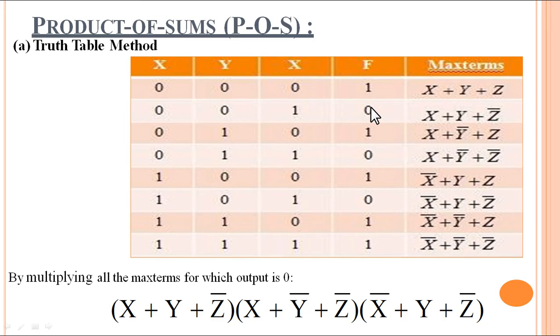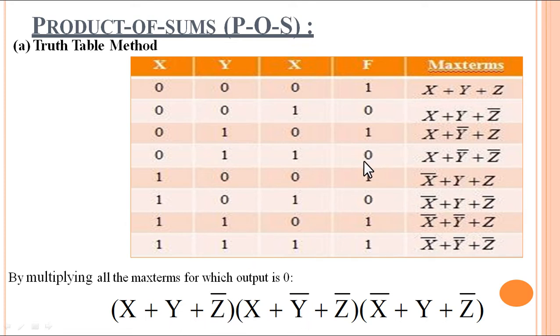As we told in the previous slide, the outputs will be considered 0 for the sum terms, or the POS terms. So it is a product of all the sum terms. First write where the first 0 appears. The first 0 appears at x plus y plus z bar. Product it with the next term.